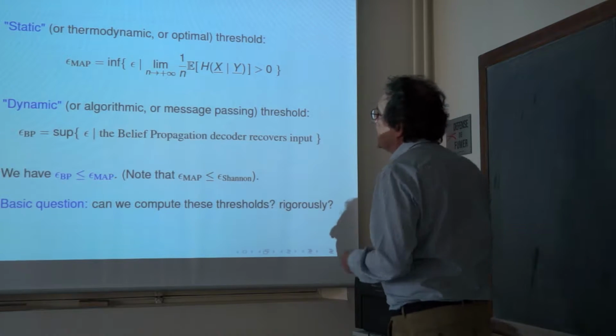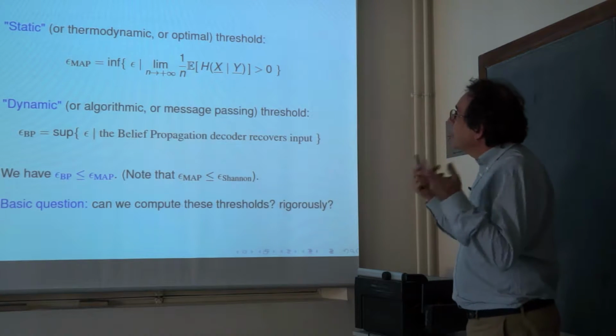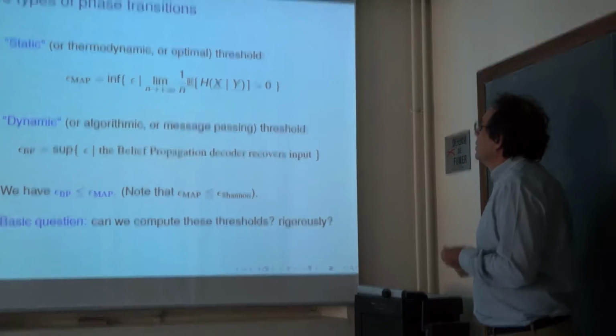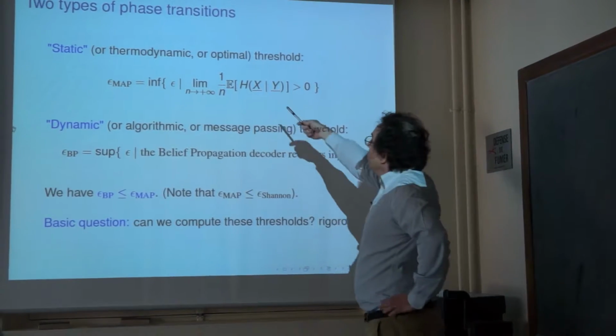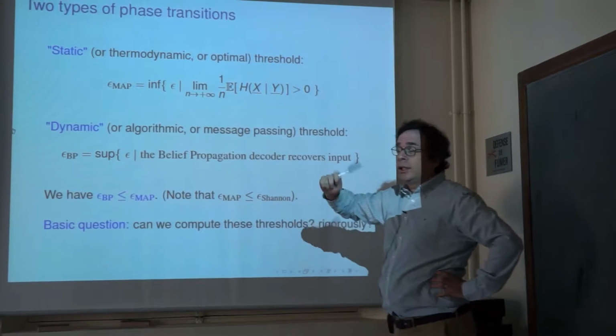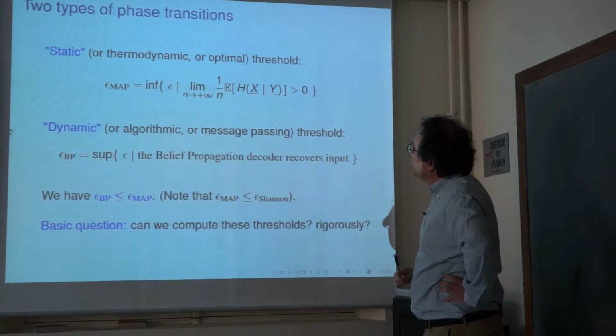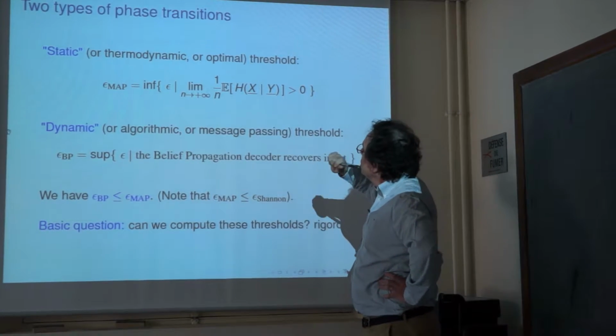From the point of view of statistical physics, this is a thermodynamic phase transition. You might call it an optimal ensemble phase transition from the point of view of coding. So this phase transition is the following.